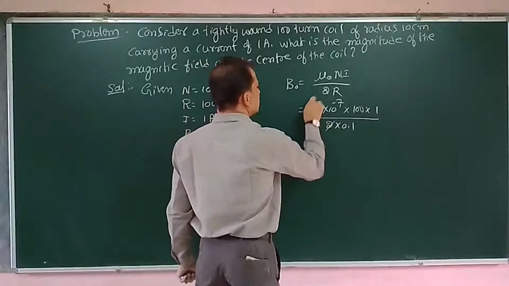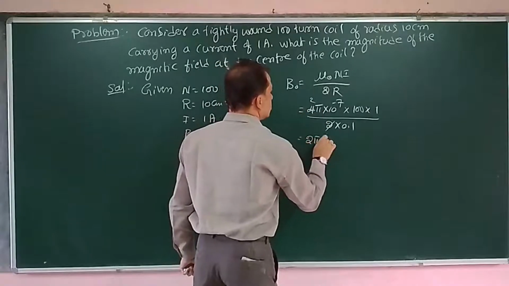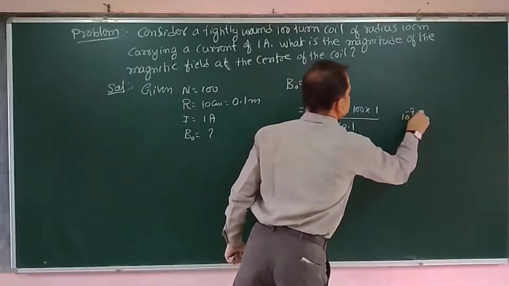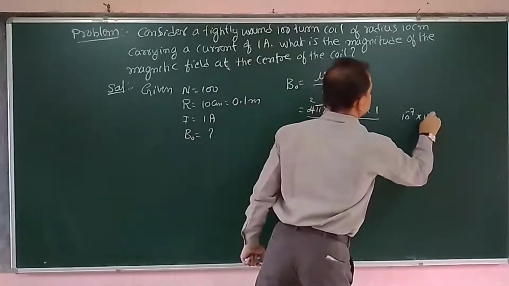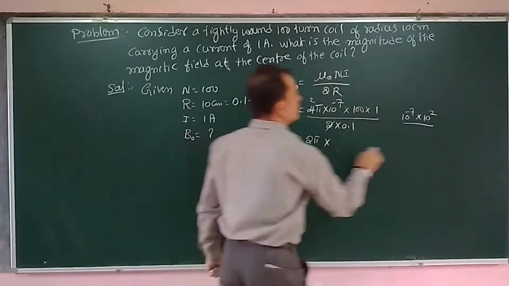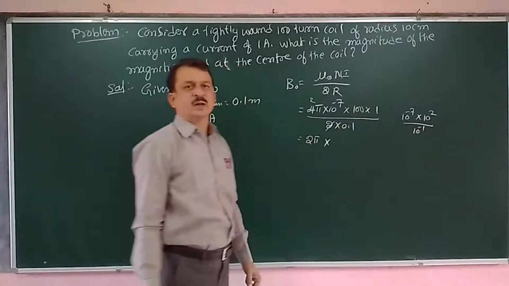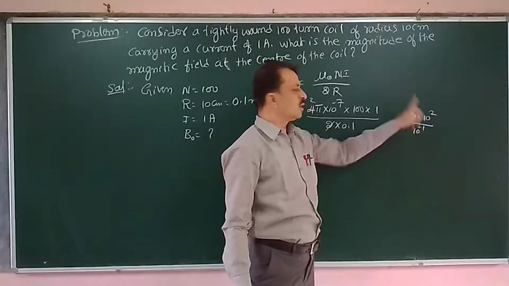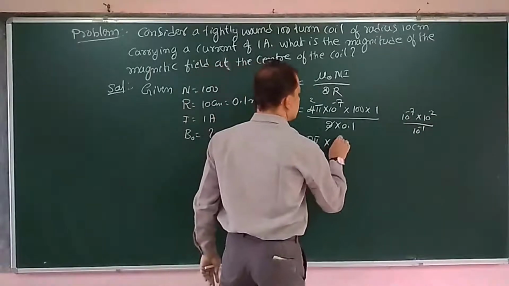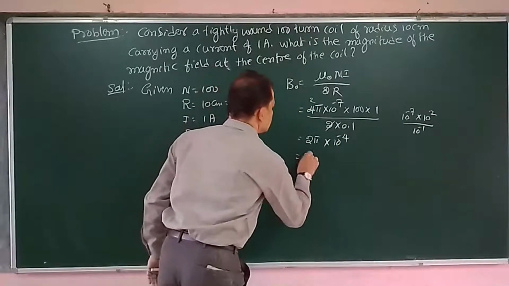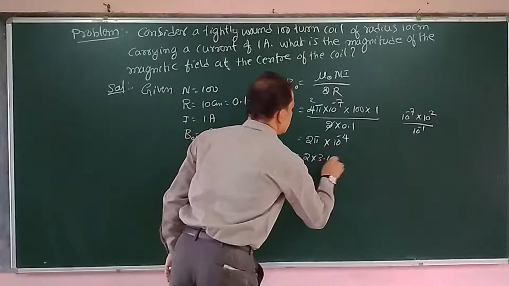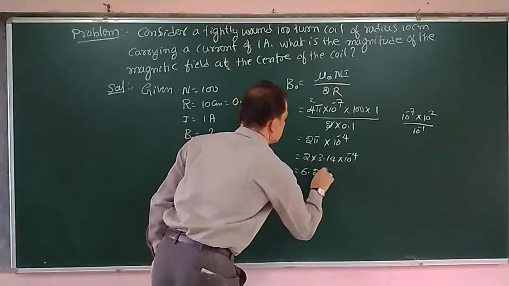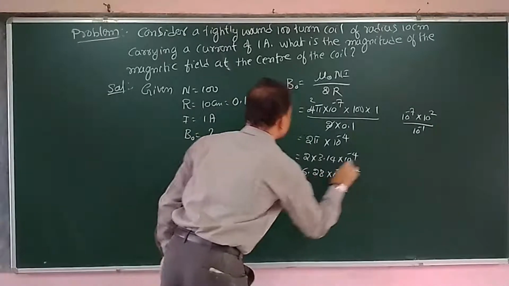Simplifying, the 2 cancels, that is 2 pi into 10 to the power of minus 7 into 10 square. 0.1 can be written as 10 to the power of minus 1. If I take 10 to the power of minus 1 to the numerator, it becomes 10 to the power of plus 1, so 10 to the power of minus 7 times 10 cubed, therefore it becomes 10 to the power of minus 4, that is 2 into 3.14 into 10 to the power of minus 4, which is equal to 6.28 into 10 to the power of minus 4 Tesla.